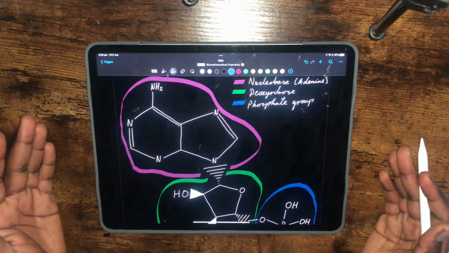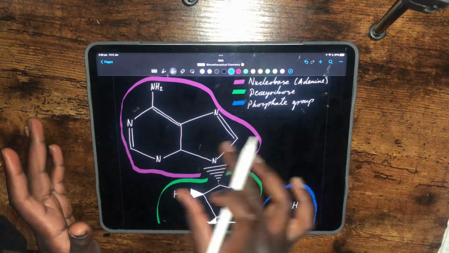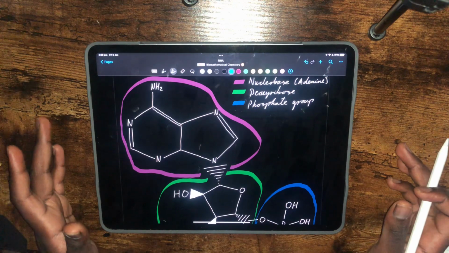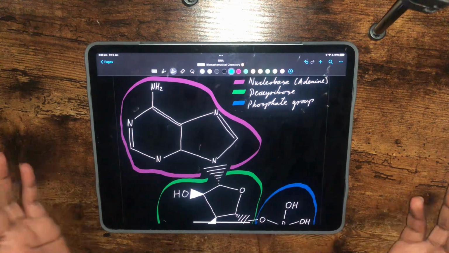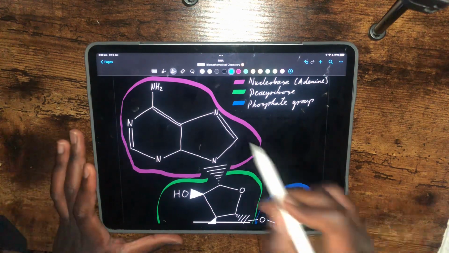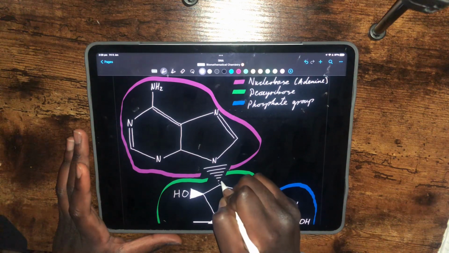That's what affects the type of nucleotide that you have, and in some aspects you can consider your nucleobase as an R group, right? You can consider it like an R group, and that's what determines the naming or the type of nucleotide that you have. Right, so we always said that because it's the main one here, this is on carbon 1.